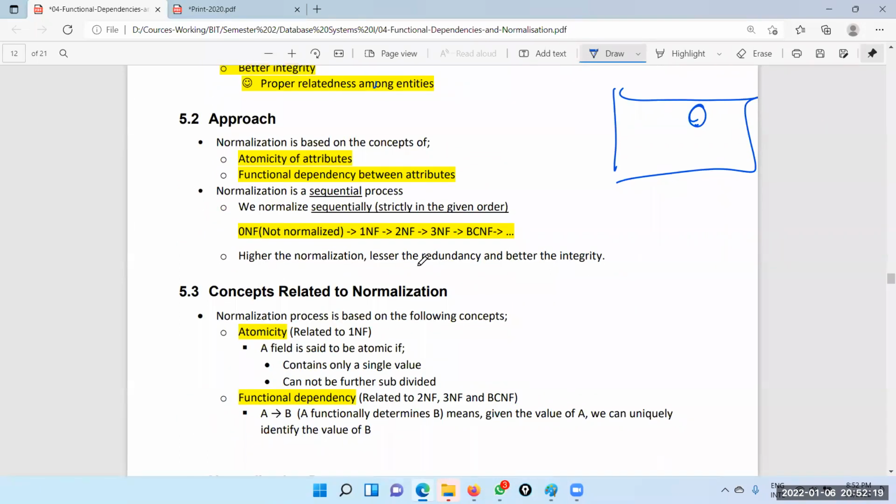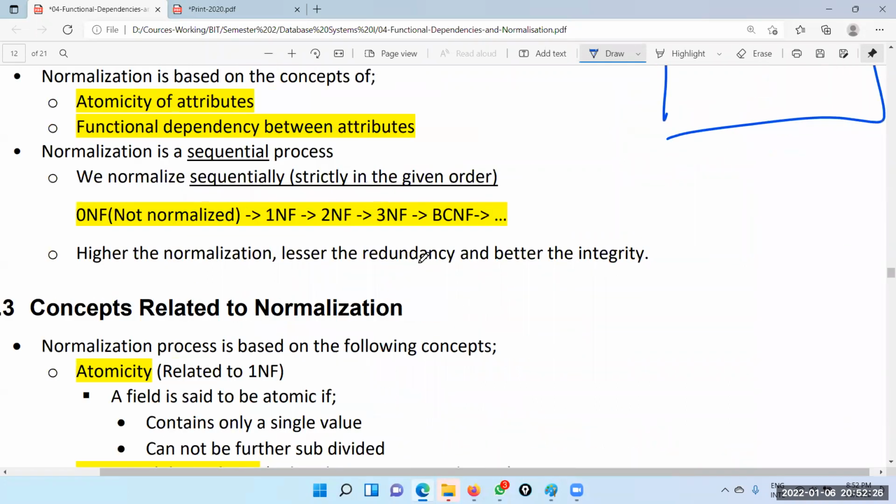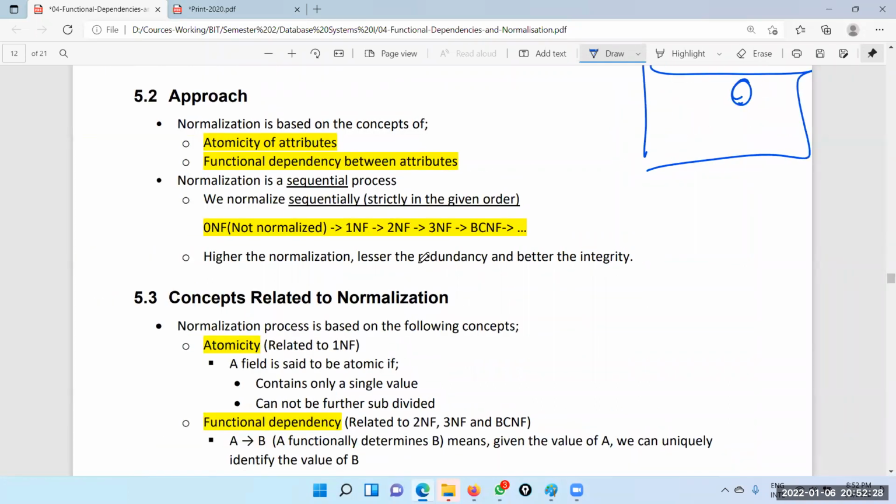It's a sequential process, which means you do one after the other. First, you have to check whether it is in 1NF. If not, normalize it to 1NF. If it is not yet normalized, we say it is in 0NF, or not normalized form. So first we have to make it 1NF. You can't straight away do the second NF or third NF.